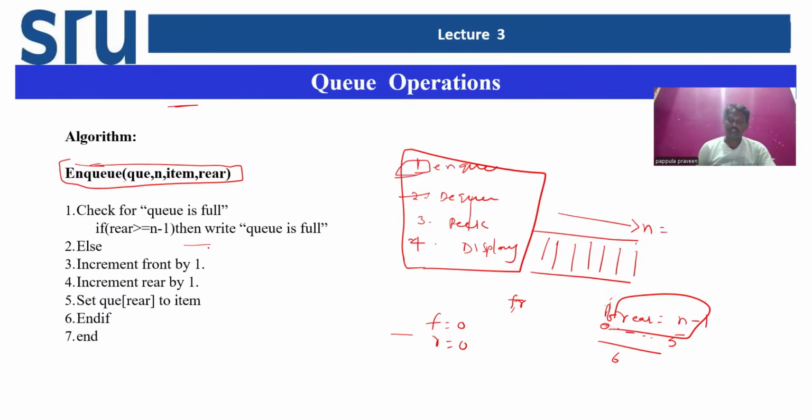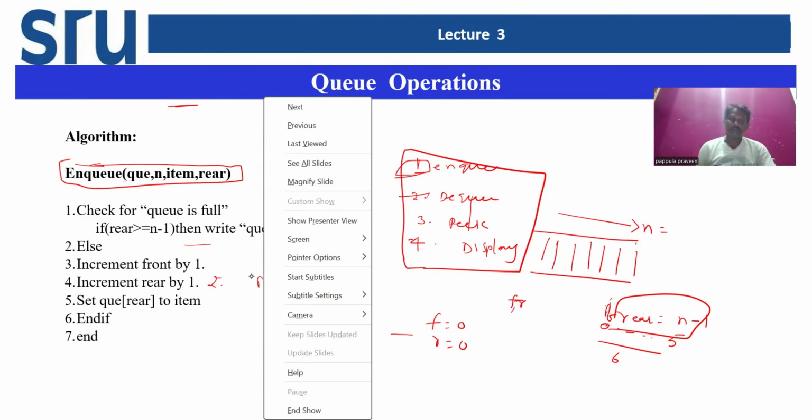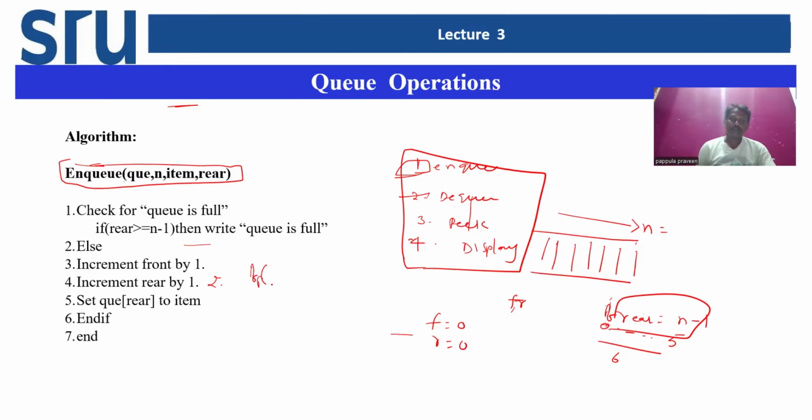This is one condition. And the second condition is if front equal to rear equal to minus 1. Now what about this situation?